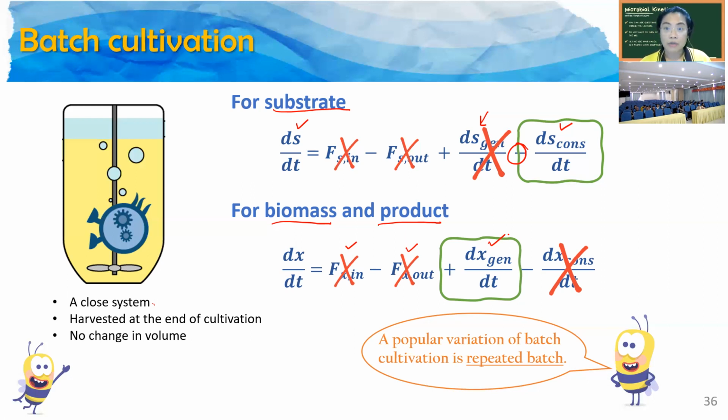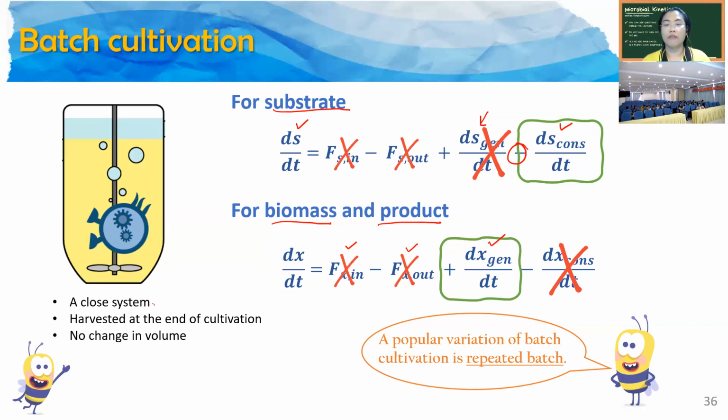But there is also a downside for repeated batch, because the cells that get left in the fermenter are left with the product as well. And if it produces something that is toxic to the cells, you start having a toxic product, a little bit of it every time. And the cells themselves are not really fresh, because if you go back and have a look at the growth curve, you will harvest when the growth starts to be stable.